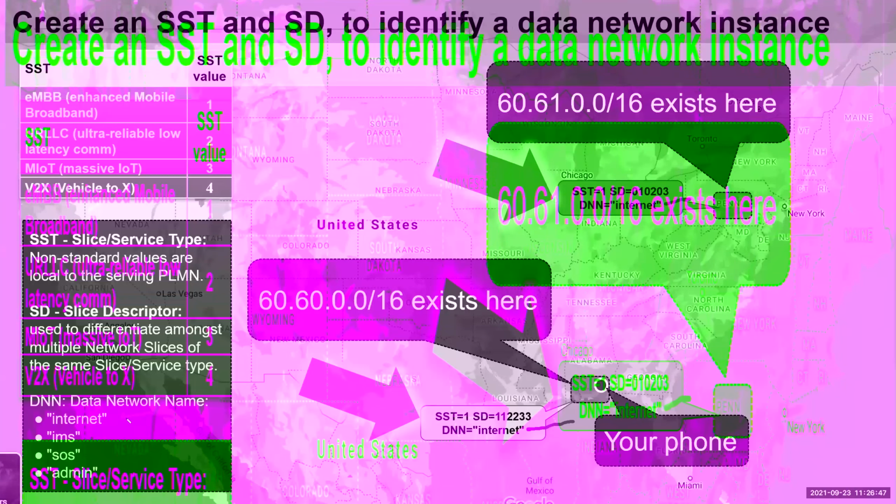But generally speaking, there are 3 additional data network names, at least, that would be supplied. One would be IP multimedia subsystem. That's a fancy name for saying voice services using session initiation protocol and session description protocol and RTP.